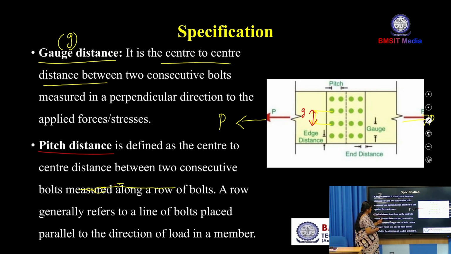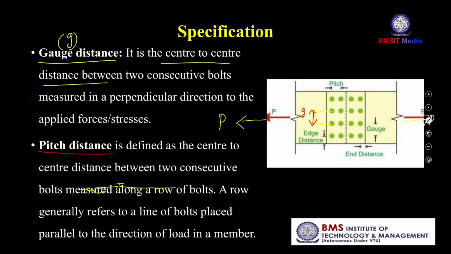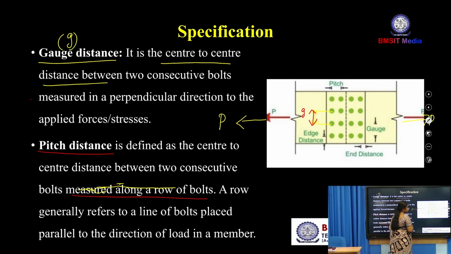Pitch is defined as the center to center distance between two consecutive bolts measured along a row of bolts, in the direction parallel to the applied force. The pitch distance means the center to center distance between the two bolts.